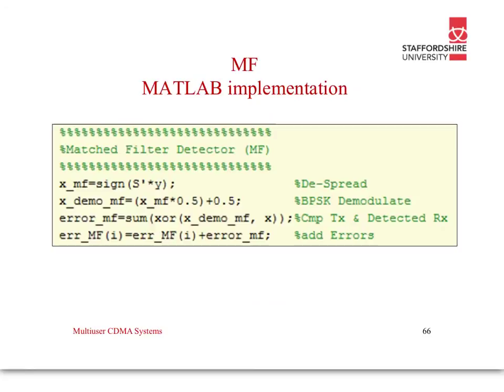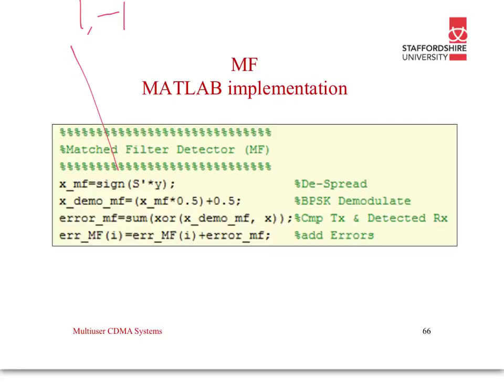And then X is our input data, and our X demod matched filter, so demodulated matched filter, is multiplied by 0.5 and then 0.5 is added. In this case we have 1s and minus 1s.